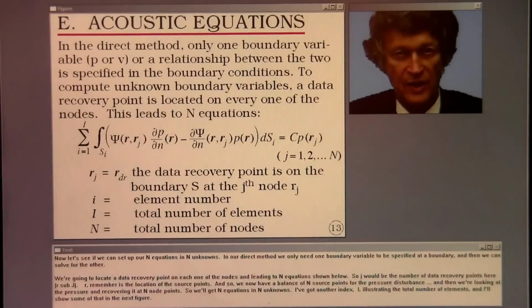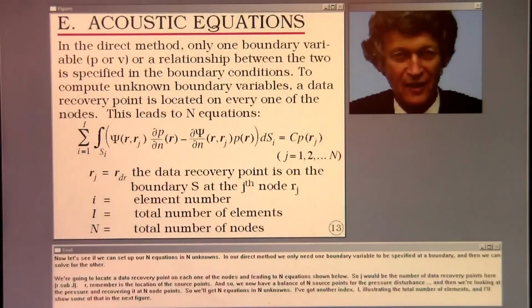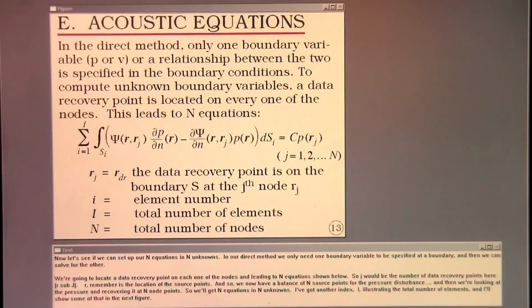Now let's see if we can set up our n equations in n unknowns. In our direct method, we only need one boundary variable to be specified at a boundary, and then we can solve for the other. We're going to locate a data recovery point on each one of the nodes, leading to n equations shown below.